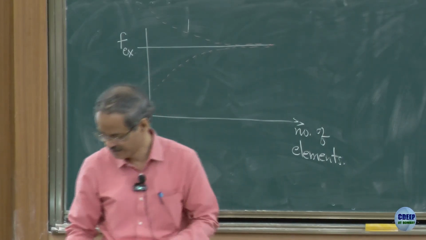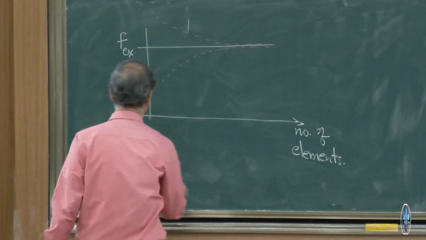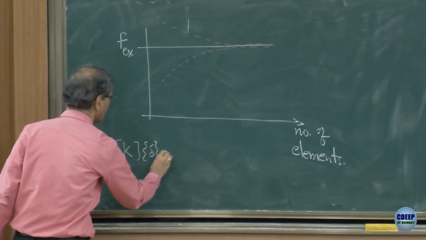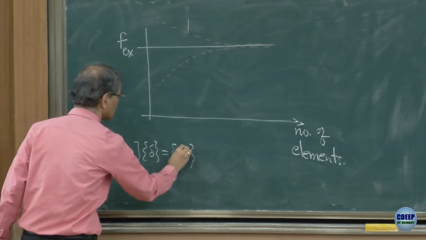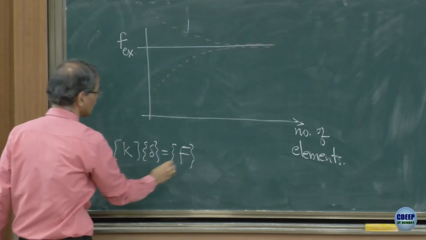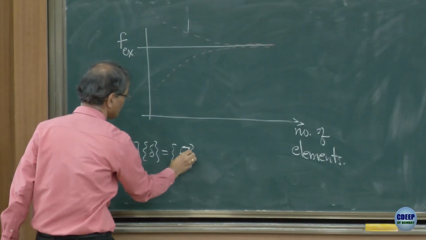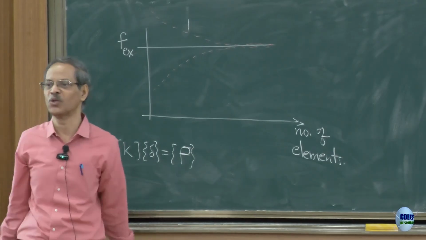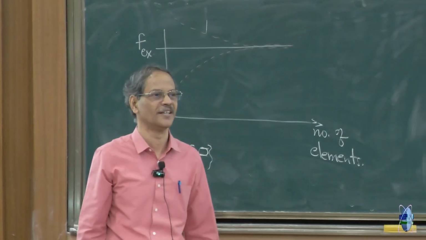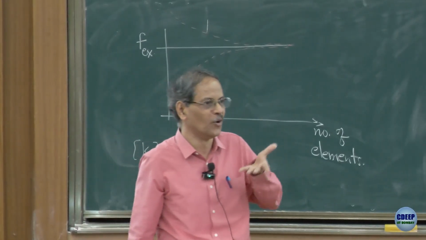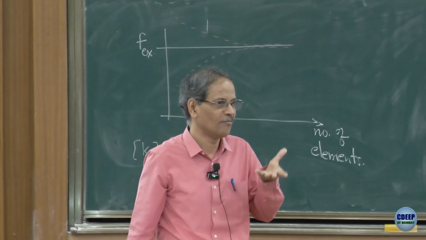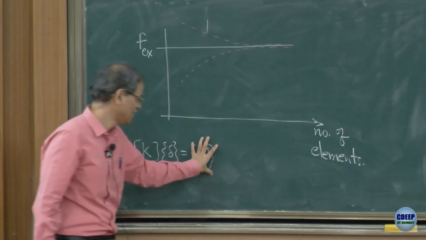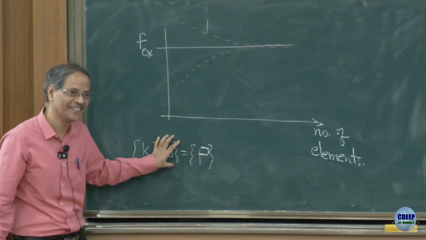K into delta is F, right? For our, sorry, this F and this F do not get confused, or I would say P maybe, force, load. Okay. Stiffness into deflections is equal to load. Okay. If I am going to approach it from below, that means I am overestimating the stiffness, because for a given load, what is the deflection I am trying to find?